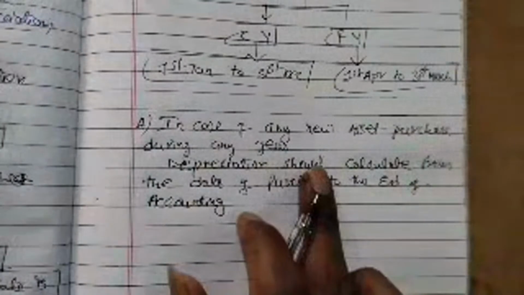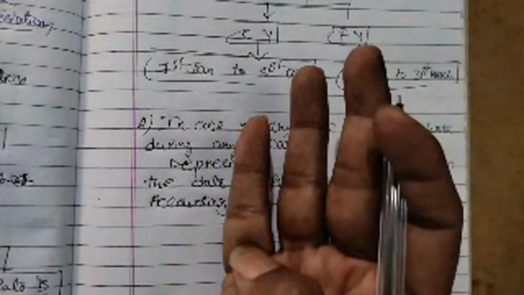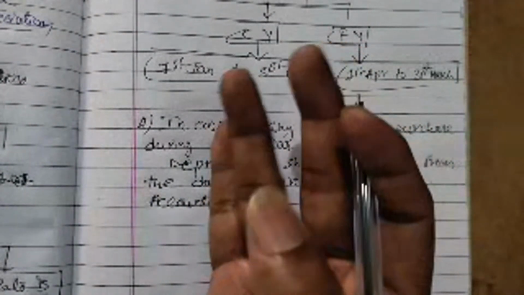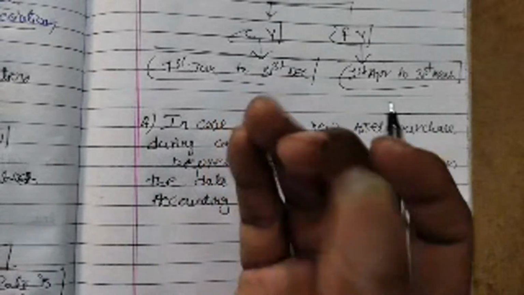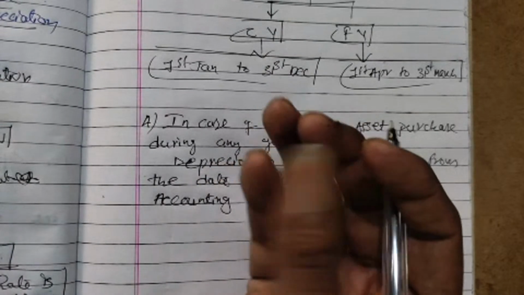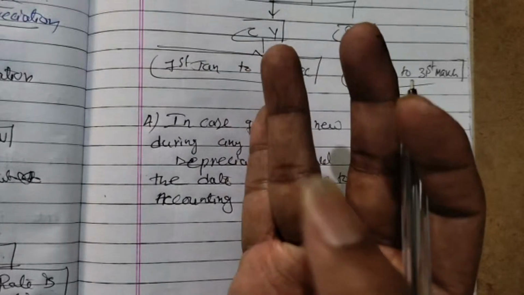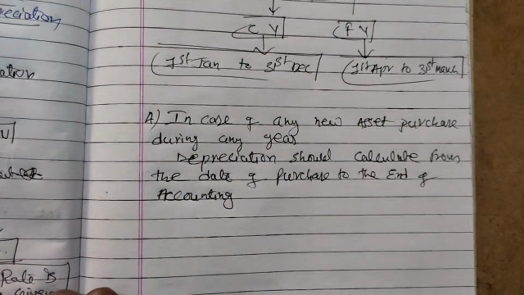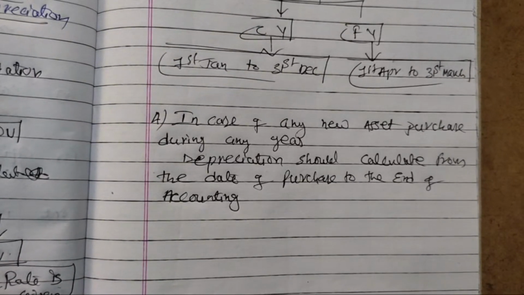Suppose it is financial year, September to March: September, October, November, December, January, February, March, right? So how many months? Okay, 7 months. Suppose it is last day of September, 30th September. Don't count September month. October, November, December, January, February, March. 6 months depreciation you will calculate. Hope you are understanding my point. Okay.